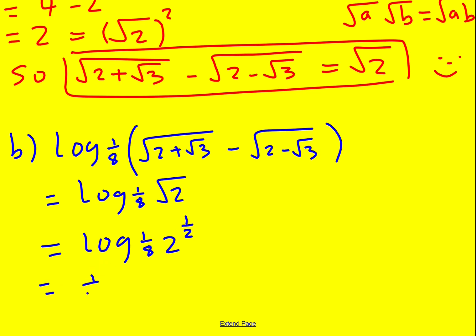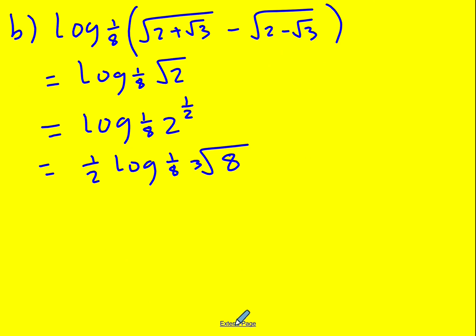And that's going to mean it's a half log base 1 over 8. Now, if I can get an 8 in there, that would be really useful. So I can change the 2 to the cube root of 8. And this is going to be 8 to the third, so I can write down that it is 1/6 log base 1/8 of 8.